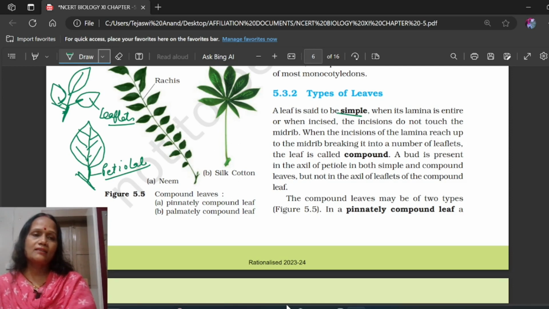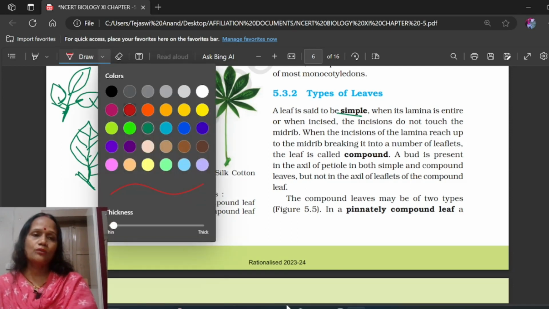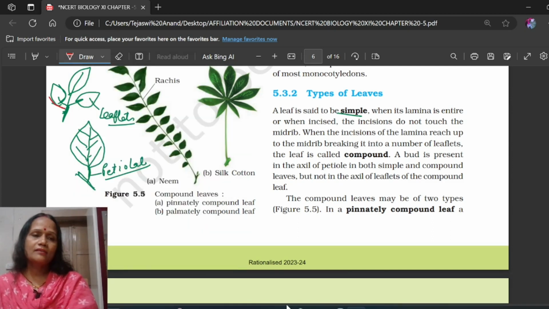It should be like this, with one midrib. But here, you can see the leaf is cut down into small leaves, and these are called leaflets. This type of leaf is called a compound leaf, and this type is called a simple leaf.